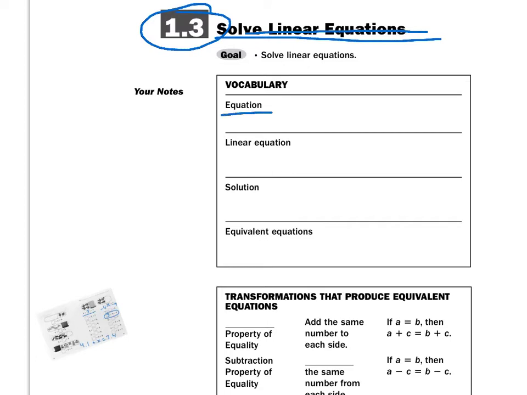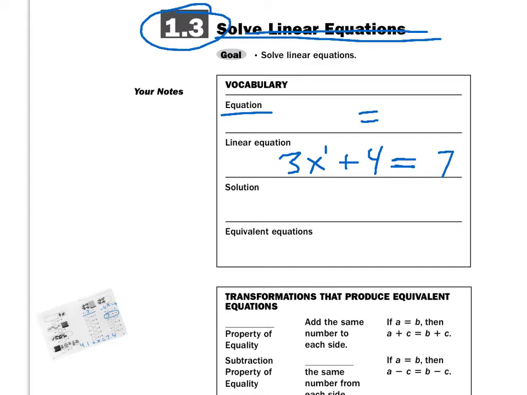Let's start with some vocab. Equations. Anytime you see an equal sign, you got an equation. Linear equations are like 3x plus 4 equals 7 or whatever. When we say an equation is linear, we're talking about an equation in which the variable is to degree 1. And if the variable was to degree 2, it would be a quadratic equation, so a little different.